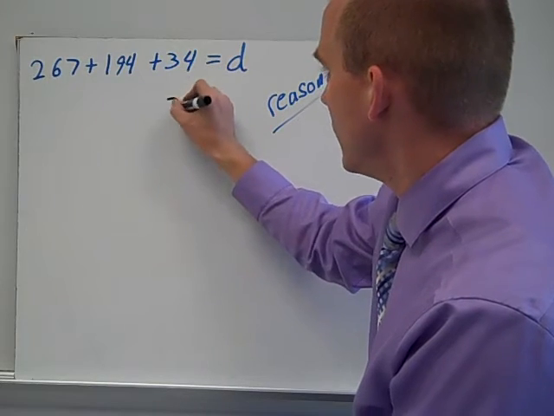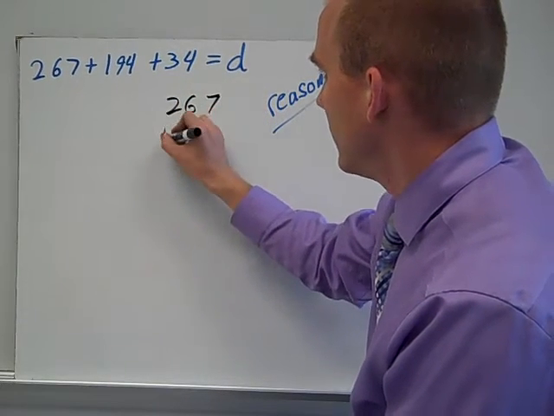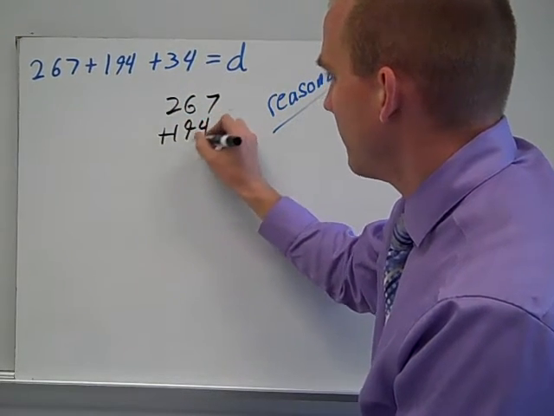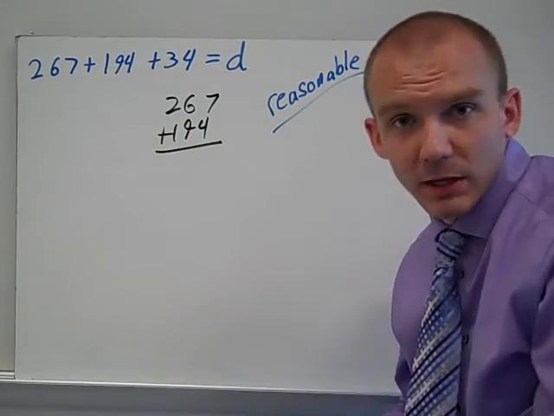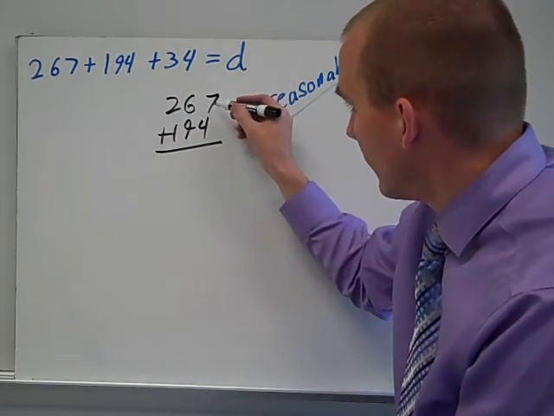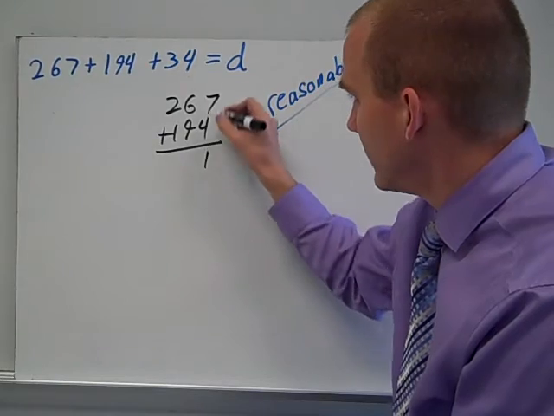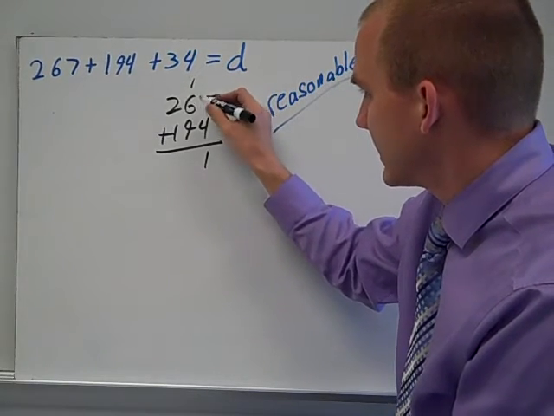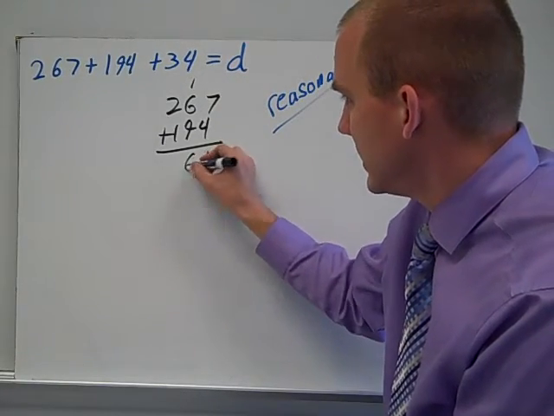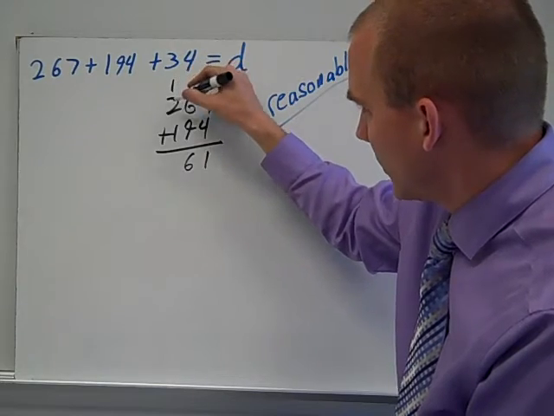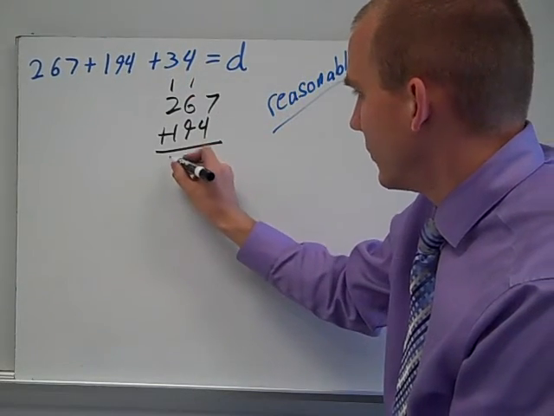So I'm going to start with 267 plus 194. Set it up like that, add it up, figure out my sum. 7 plus 4 is 11. Regroup. 1 plus 6 is 7, plus 9 is 16. 1 plus 2 is 3, plus 1 more is 4.